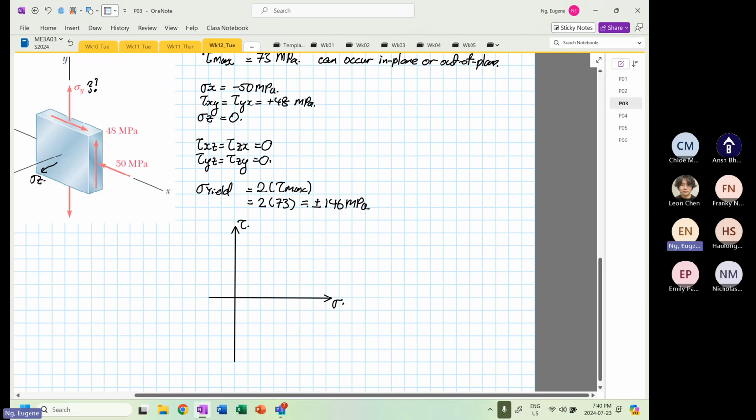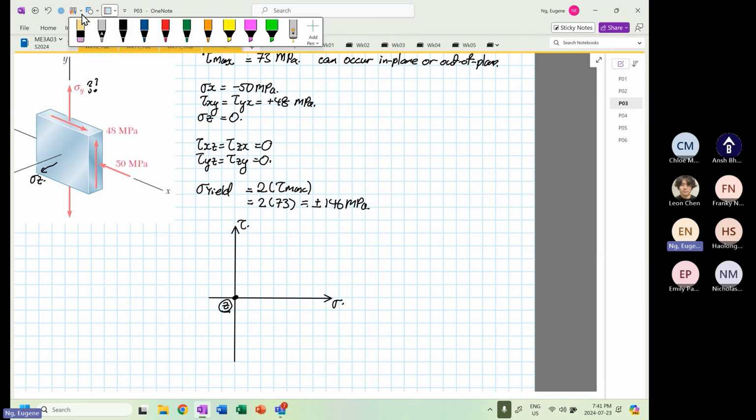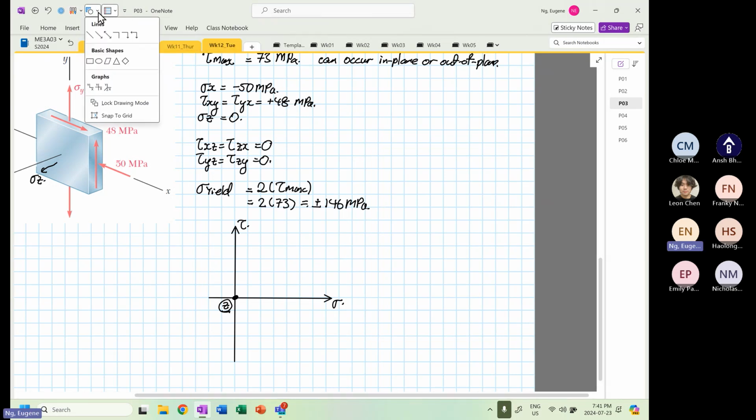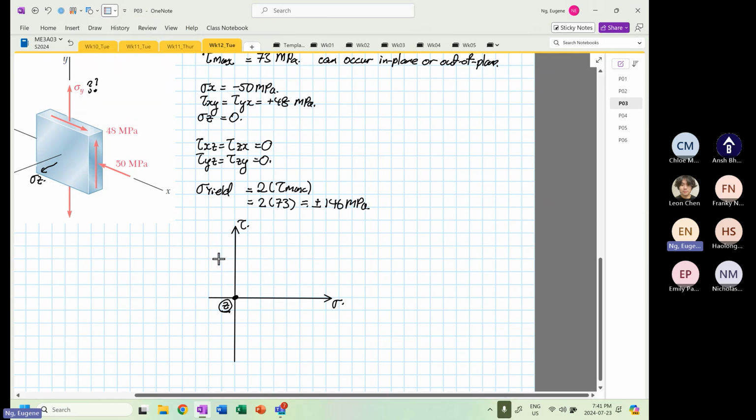This is our shearing stress, and we are very sure this is our point Z. We are given the condition that tau max is 73 megapascal, so I'm going to sketch our tau max at 73.